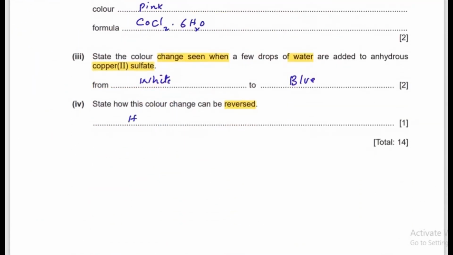So if we heat the hydrated copper 2 sulfate, we can get the anhydrous copper 2 sulfate.